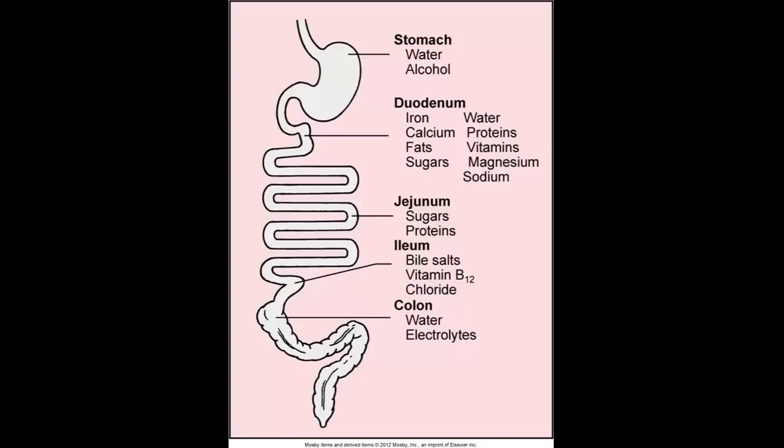So we have this very fluidy type of mix that's going through the rest of the digestive system, and it hits the colon, we reabsorb our water and electrolytes and make more of a solid type of matter before it's excreted from the body.